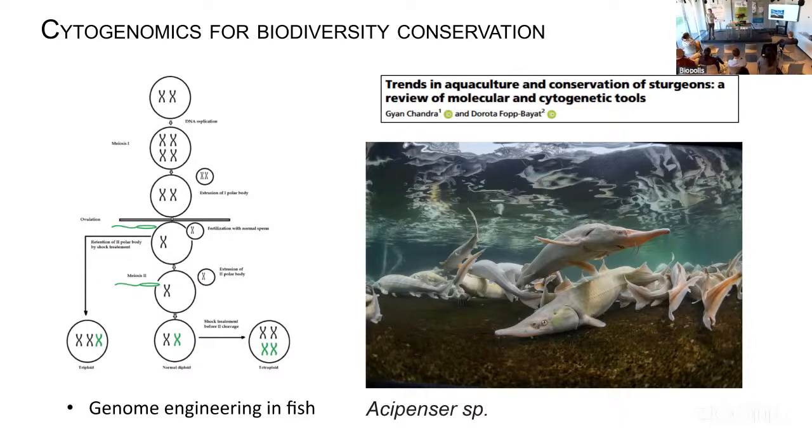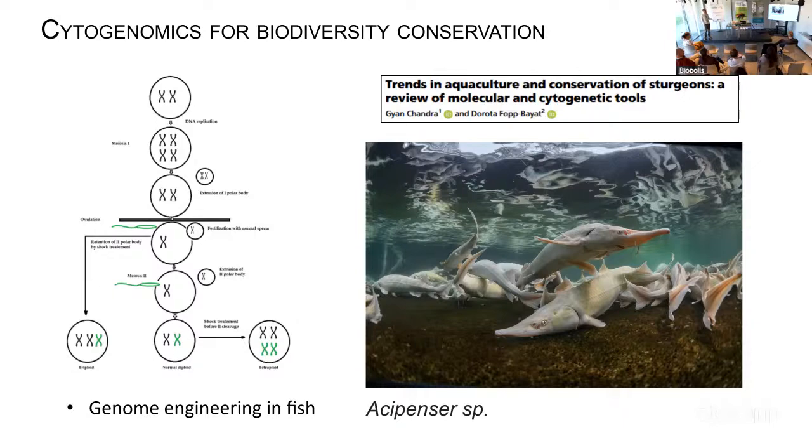For instance, our Adriatic sturgeon, our Italian sturgeon, is now living basically only in captivity, and they rely on the understanding of the sex determination and sex chromosome system to aid the reproduction of the species. And sturgeon is just an example, but in fish and in polyploid species in general, this is of extreme importance.